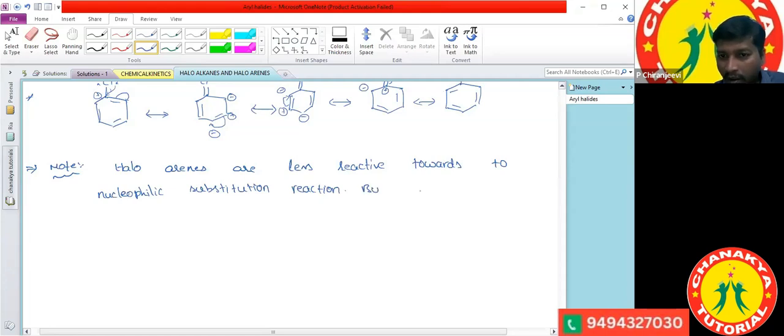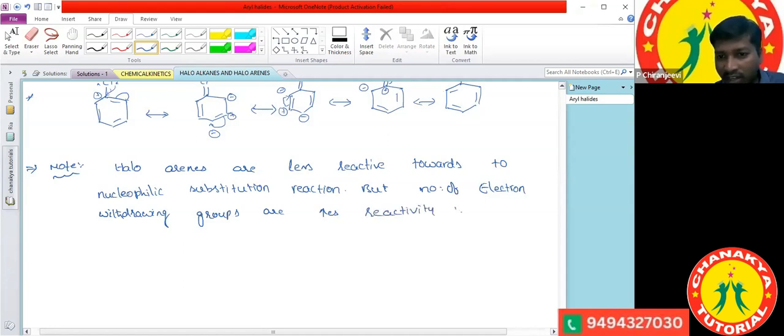But when the number of electron withdrawing groups increases, reactivity increases.